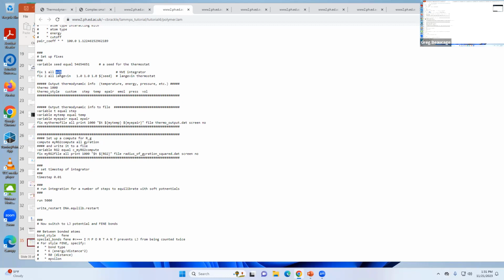You fix the number of atoms and the volume, meaning a constant volume, and E is the energy. And V is the velocity, from the time integration equation.